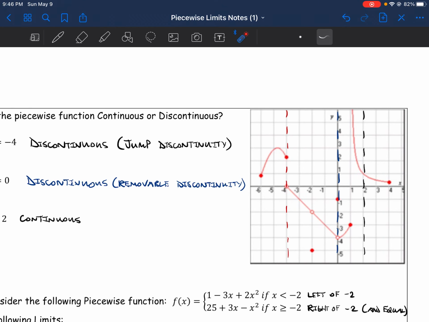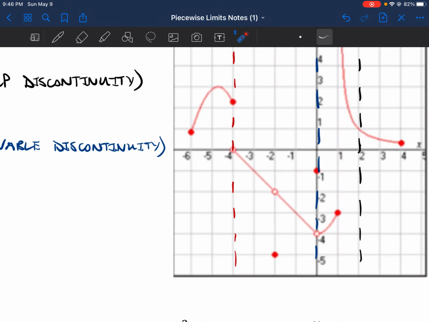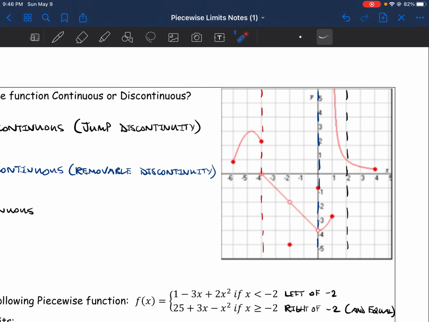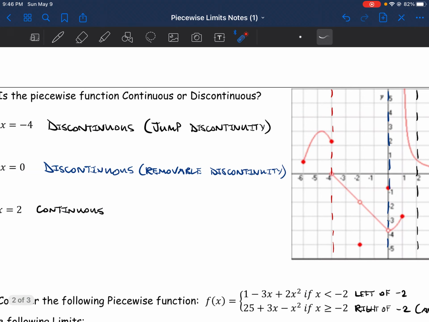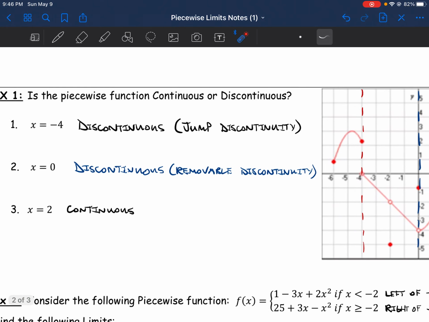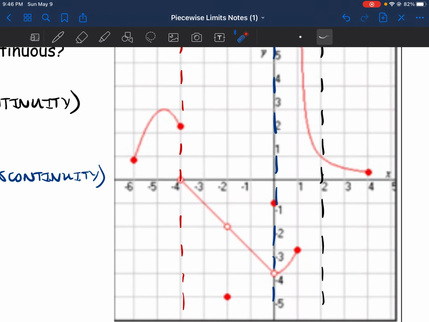That's a jump discontinuity. You can have a removable discontinuity, which is basically just a hole. So example here was at x equals 0. We see this hole right here. So to trace the curve, we'd have to jump over the hole. That's a removable discontinuity. There's also a third type of discontinuity that wasn't mentioned here in these notes, and that's called an infinite discontinuity. An example of an infinite discontinuity would be right here at x equals 1 from the right side.